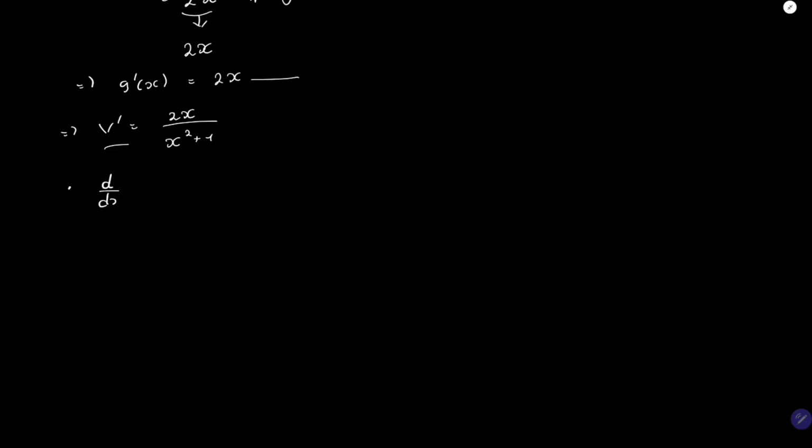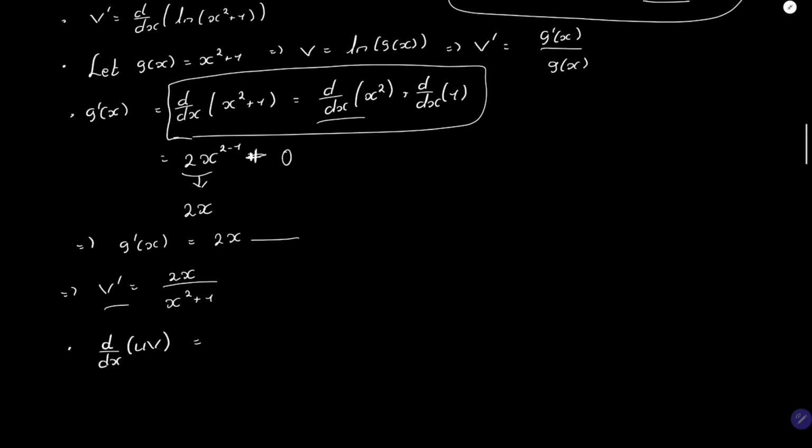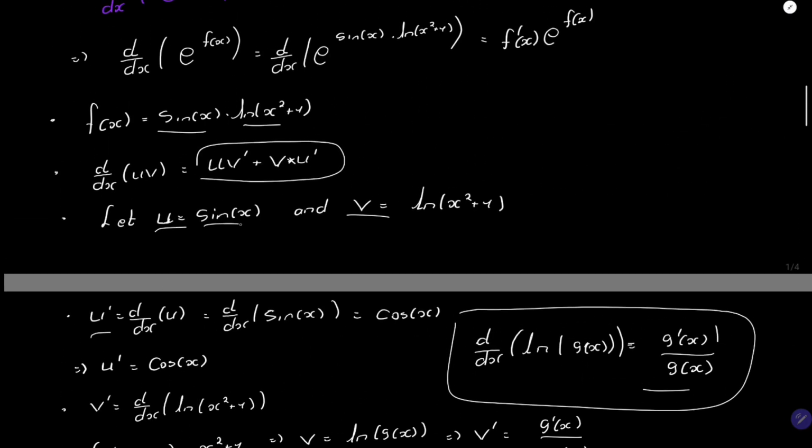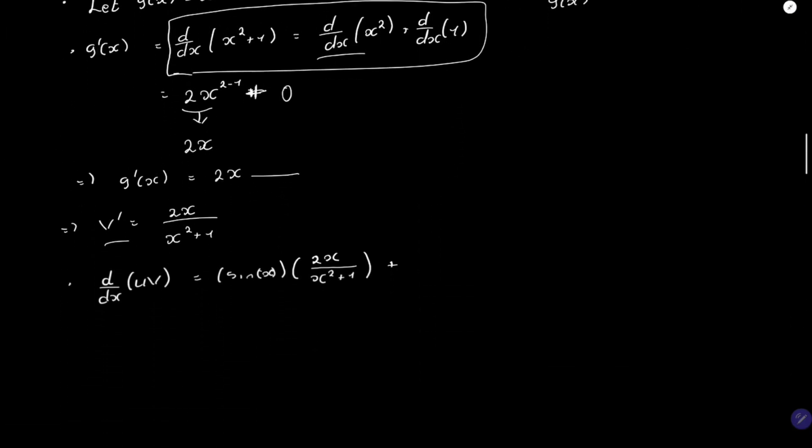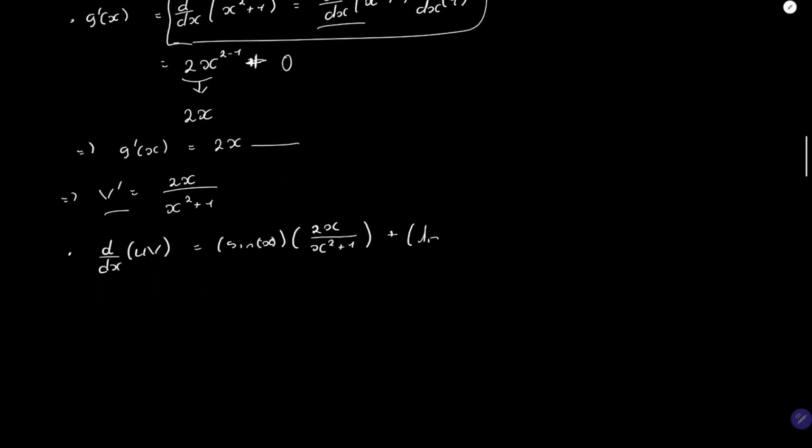The derivative with respect to x of our function uv is u times v prime. What is our u? Our u is the function sine of x, times the function v prime, 2x over x squared plus 1, plus v. What is our function v? It is ln of x squared plus 1, times our function u prime.